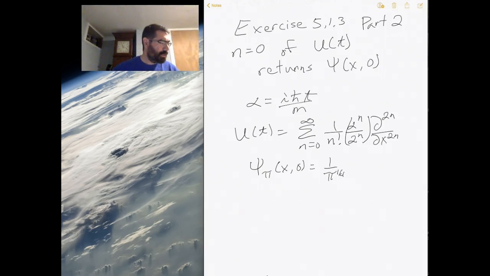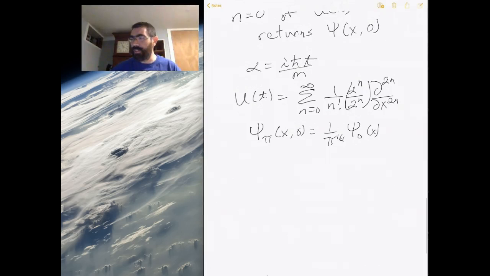The 1 over pi to the 1/4, we'll just tack back in. It's just a factor that multiplies all terms, so we'll put it in at the end of the problem.